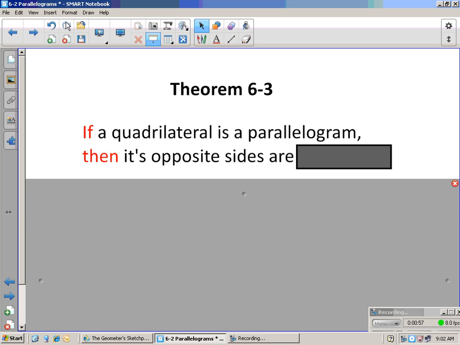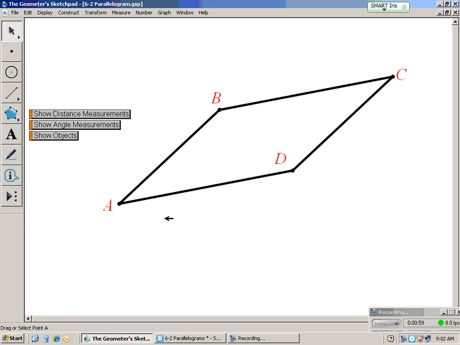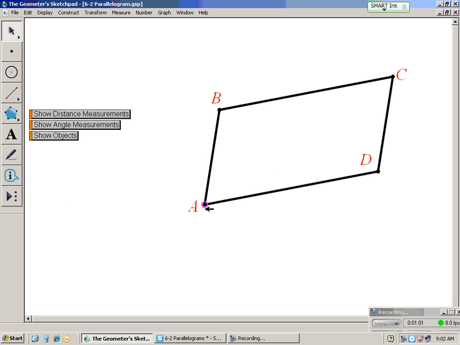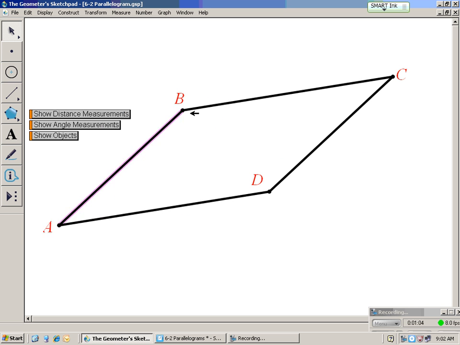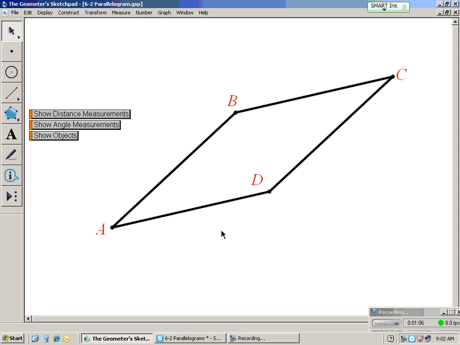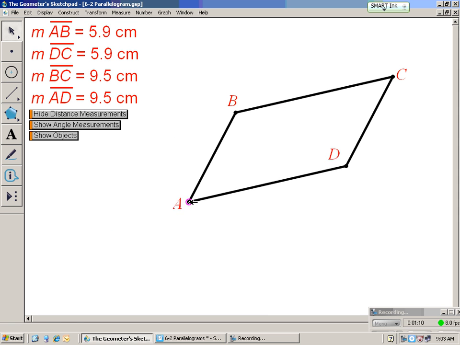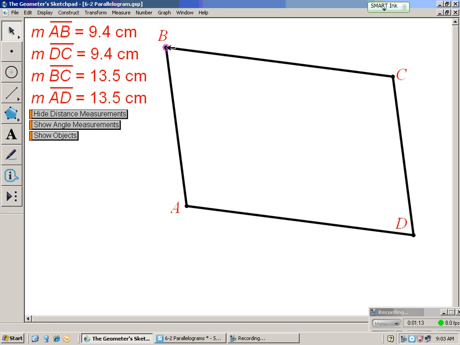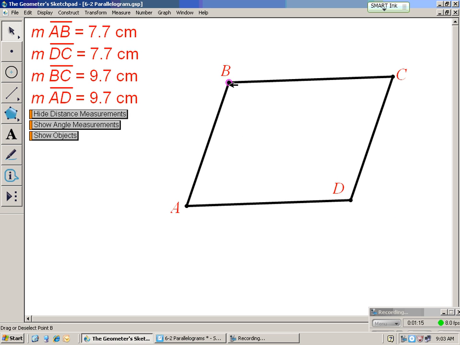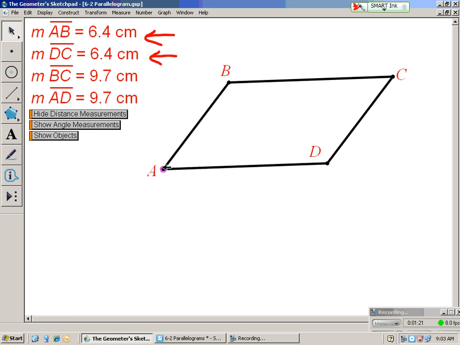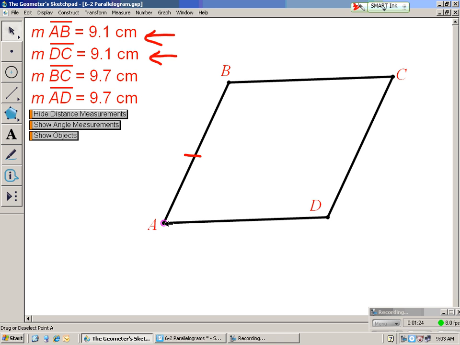So let me show you a Geometry Sketchpad file. Okay, now this is constructed to always be a parallelogram, and I will draw in the lengths of the sides. One thing you'll notice is that AB and DC are always the same, and also BC and AD are also the same.